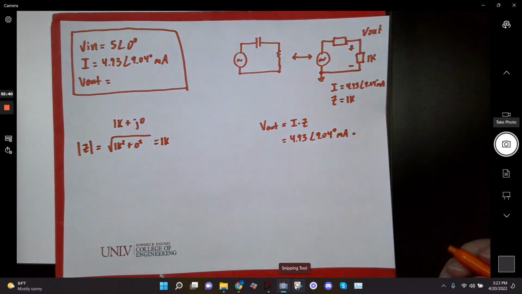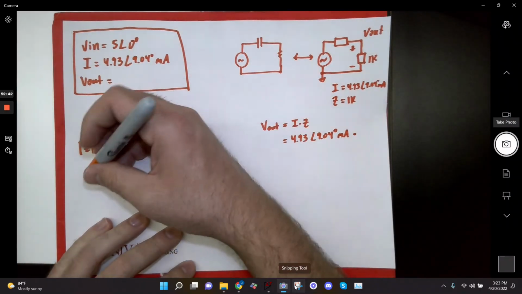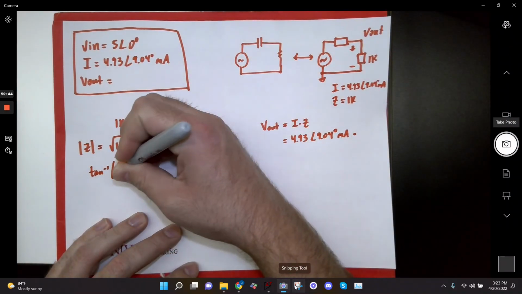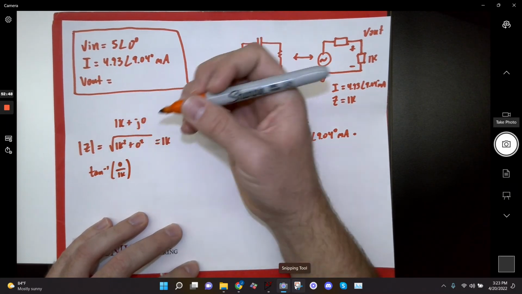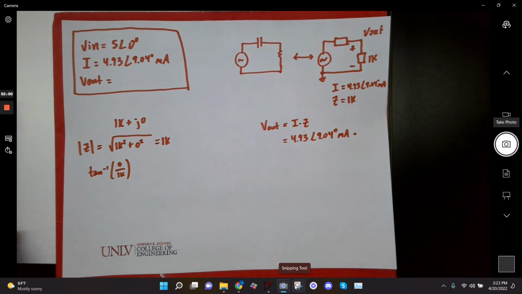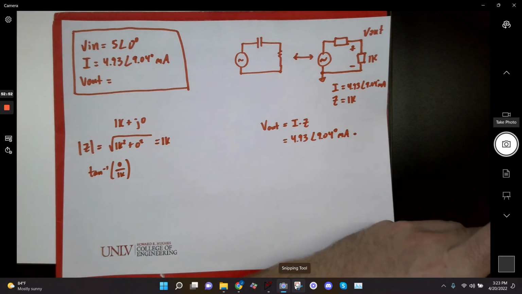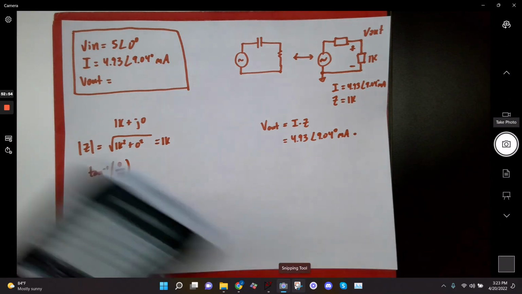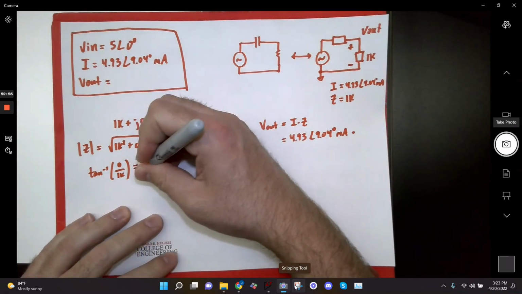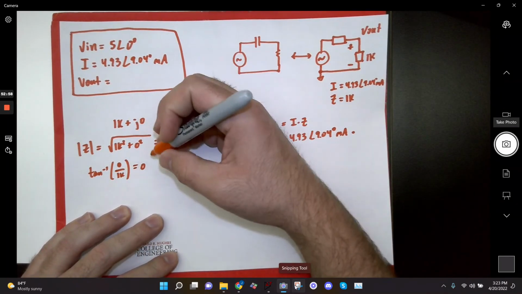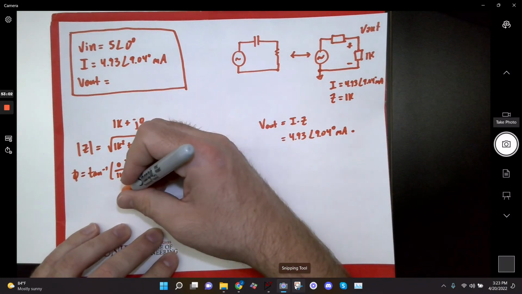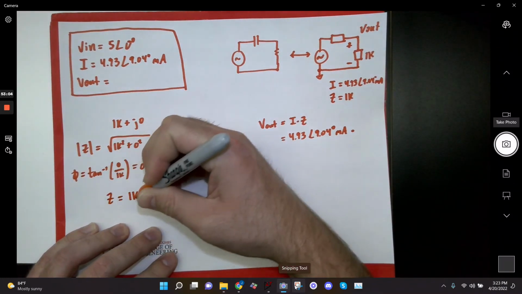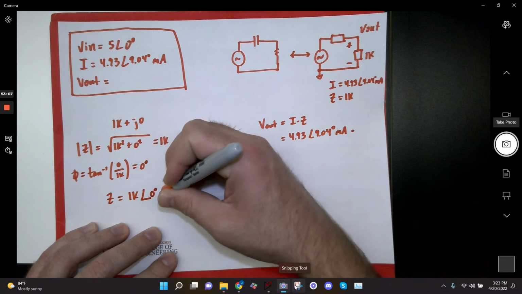And then my phase is going to be the tan inverse of 0 over 1K, which I think should give me 0. Yes. So I have basically a phasor which is Z is equal to 1 kilohm angle 0.